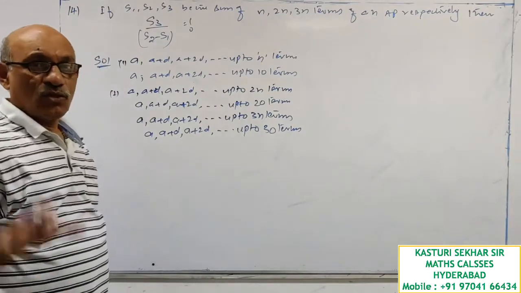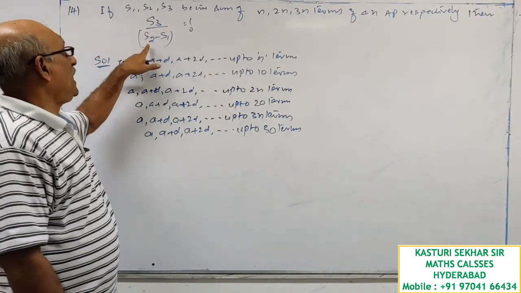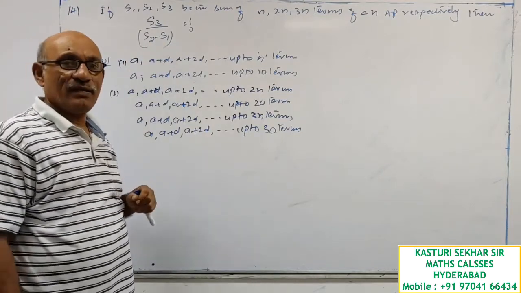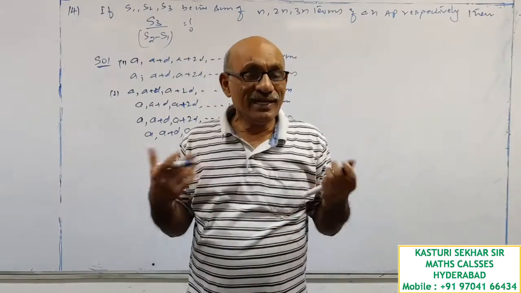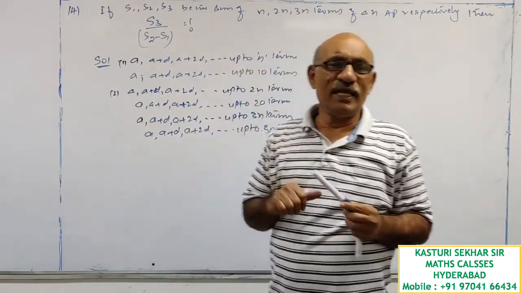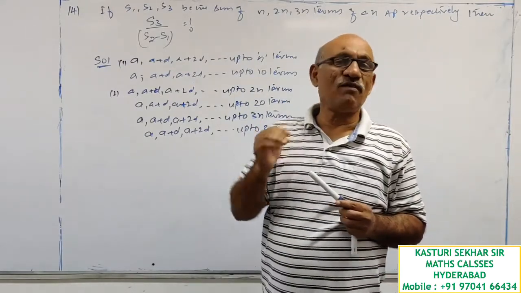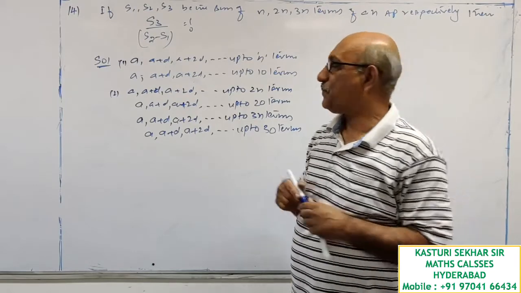Okay. So don't get any confusion to substitute S3 as 3n, S2 as 2n and S1 as n. N, 2n, 3n will represent the number of terms this sequence is having, but they will not represent the values of S3, S2 and S1. Okay.